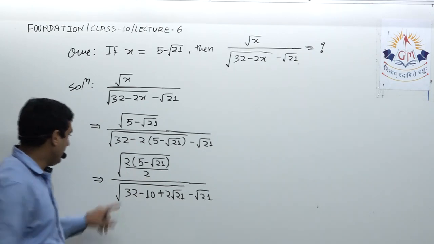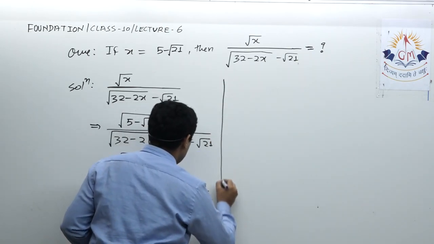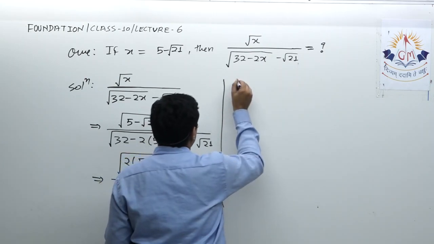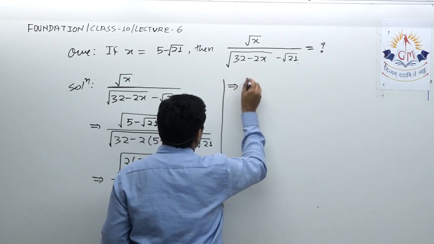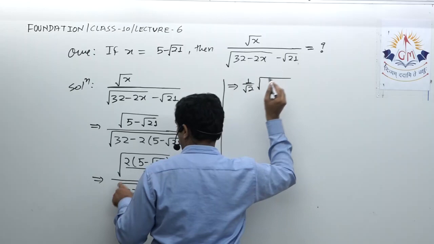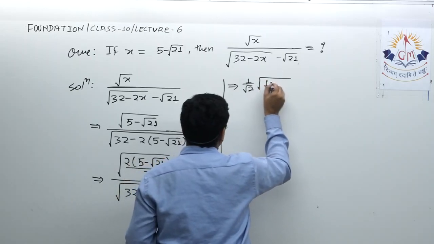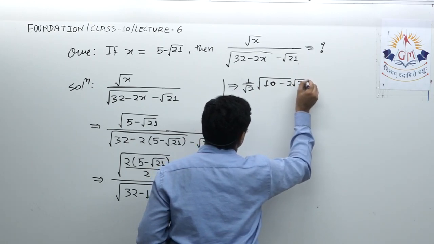Now 2 into 5 is 10, and this square root sign I will take out in such a way. I write 1 upon root 2, and over here it will become 2 into 5, that is 10, minus 2 root 21.